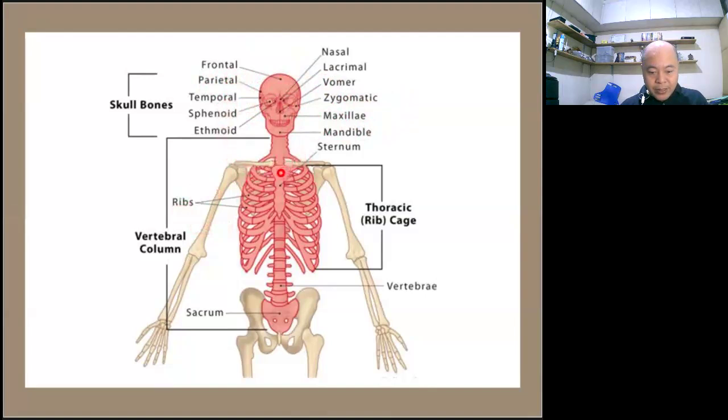We have the vertebral column at the center and the thoracic or rib cage up to and including the sternum, this one in front, the flat bone in front, where the ribs converge. Let's mention this part of the vertebrae, the sacrum.